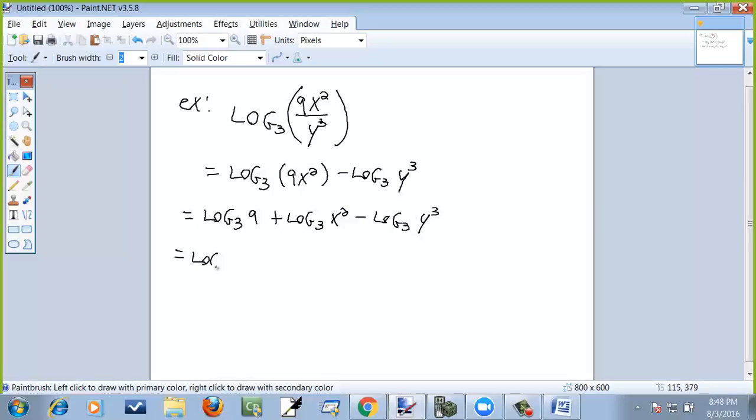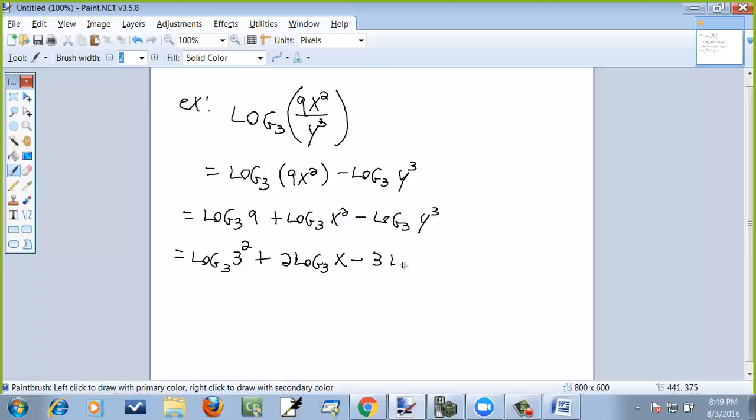Now we saw this in the previous section, or 2 sections ago. If you got a number here, you try to rewrite it as this base to a power. It doesn't always work. But in this one, we got 9 as 3 squared. Now there's only one thing left to do on these last 2 logs. They both have powers. Remember I said we'd like to get a single variable with a log in front of it. So here I'll take this 2 and put it out in front. So we got, this is from property 3, 2 log base 3 of x minus, I'll take this 3 and put it out in front.